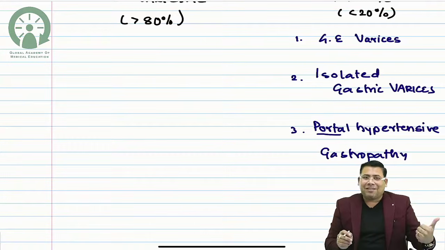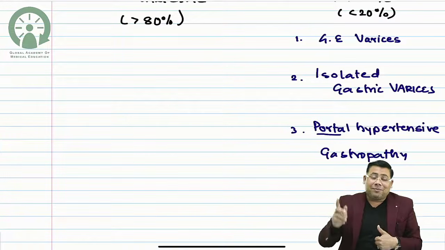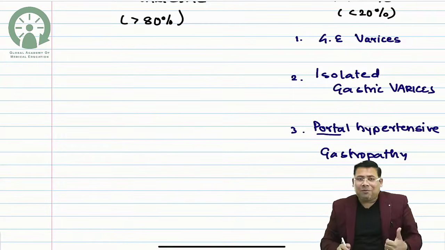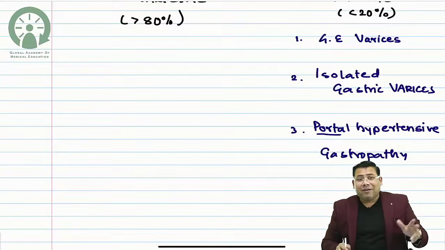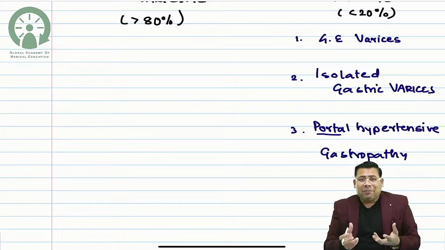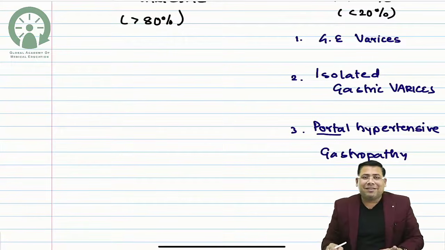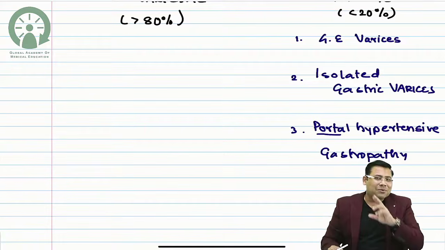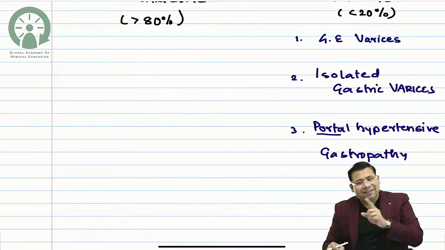The difference is GAVE is in the antrum, whereas portal hypertensive gastropathy is in the proximal stomach. GAVE never responds to beta blockers, whereas portal hypertensive gastropathy responds dramatically. In GAVE you get to see that watermelon stomach appearance; here you get to see the typical snake skin appearance. There are a lot of things that you need to understand about them. GAVE is associated with mucosal hyalinization, the other is not.